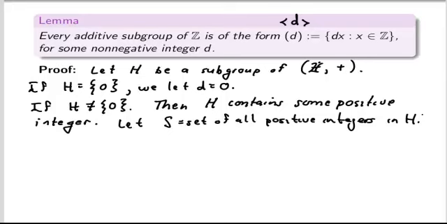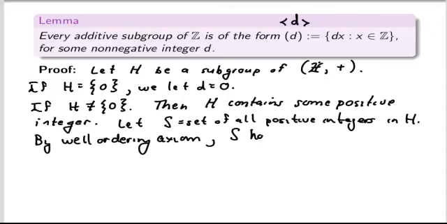And therefore, by the well-ordering principle, S must contain a minimum element. So by the well-ordering axiom, S has a minimum element. And we'll call it d.